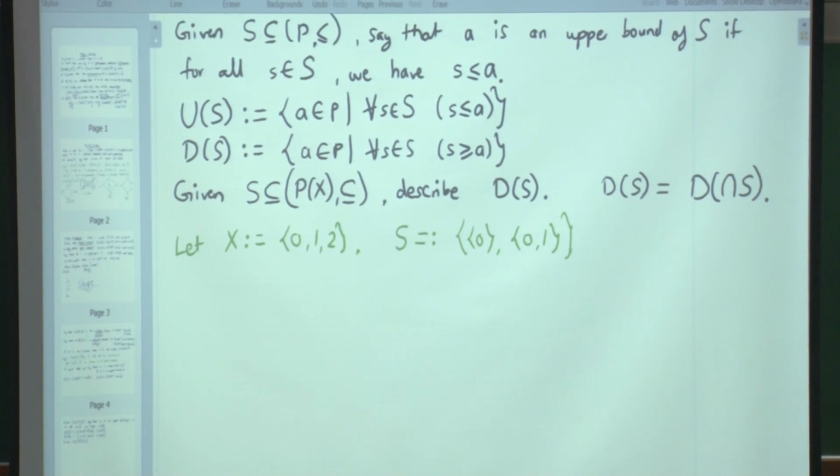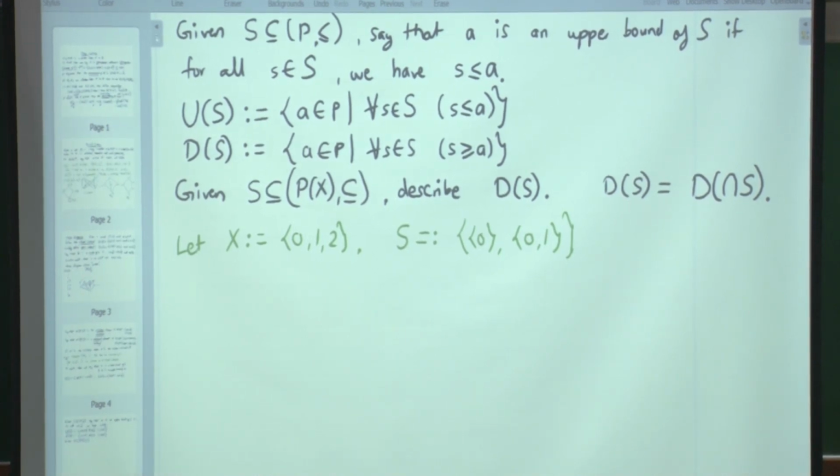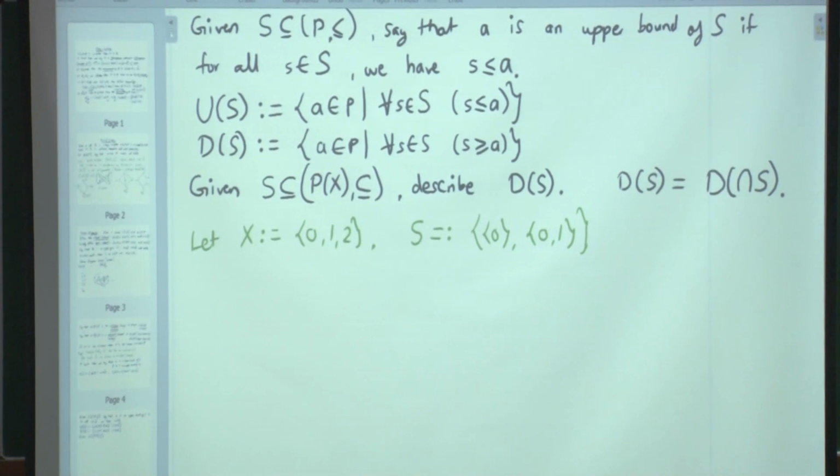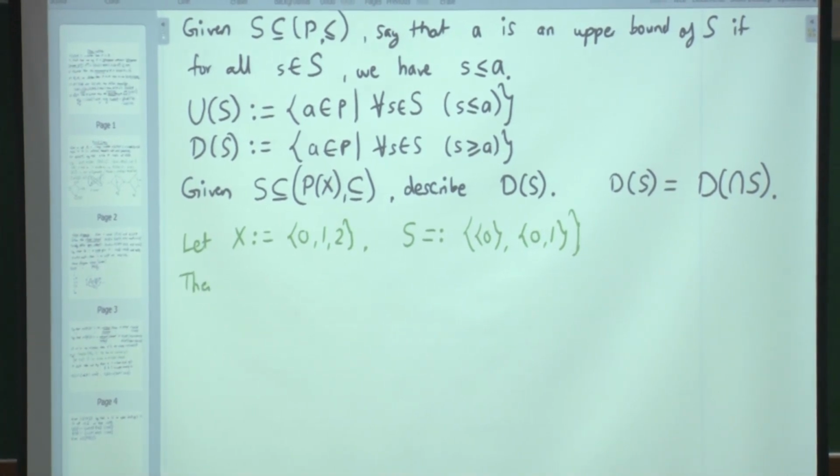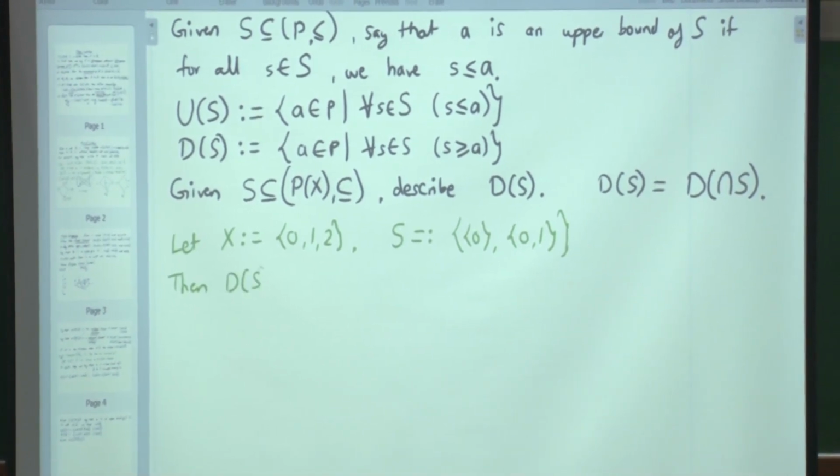Okay, just these two elements, {0} and {0, 1}. Then what is the downset of S? What are the common lower bounds of elements of S?